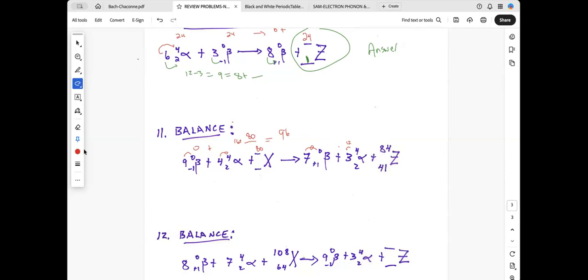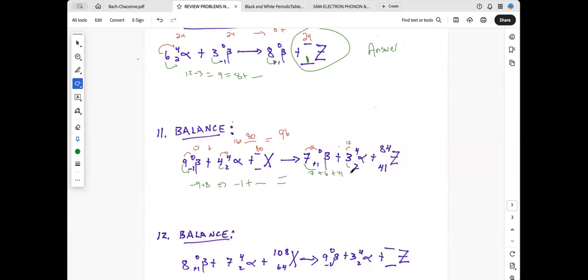Okay, next we do the bottom. Over here we have 9 times negative 1 is negative 9. 4 times 2 is plus 8. 8 minus 9, we end up with minus 1 plus blank has to equal 7 plus 6 plus 41.